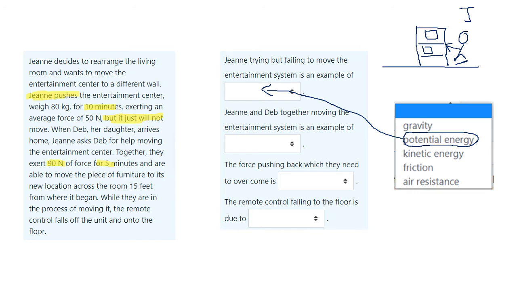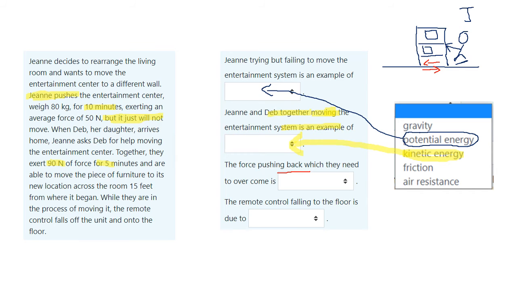But the next one, when they do it together, the moving of the system is an example of, well, we have moving, and we know that moving is always going to be kinetic energy. So the second one is kinetic energy. Then the force pushing back. Well, if you're pushing this way, there is an equal and opposite force pushing backwards on the floor.